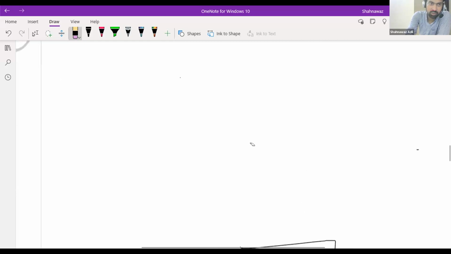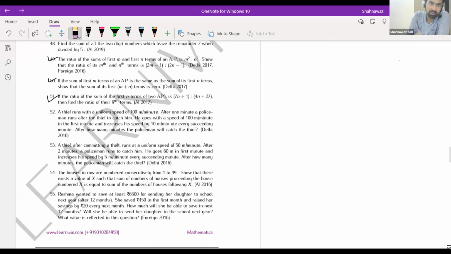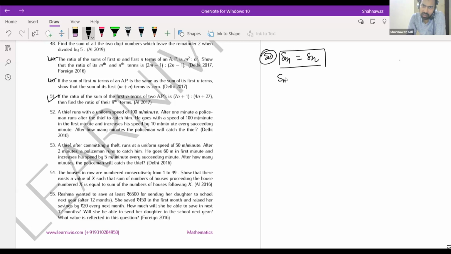If the sum of first m terms Sm is the same as the sum of first n terms Sn, show that Sm plus n is zero. I'll quickly do this problem. This is given, right? Right, guys? Yes, sir. And we need to show that Sm plus n is zero.